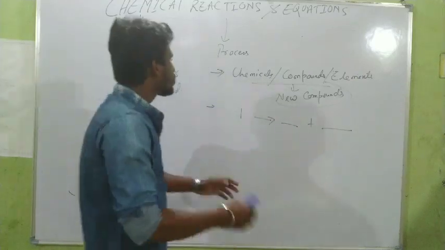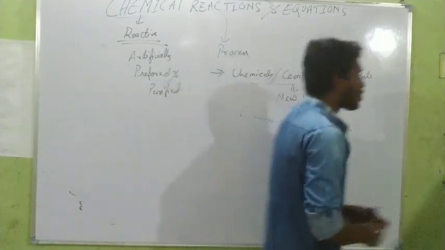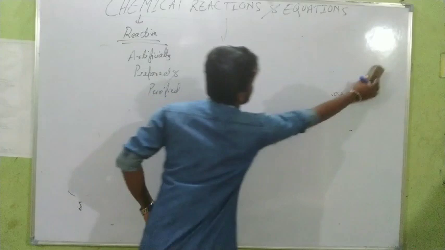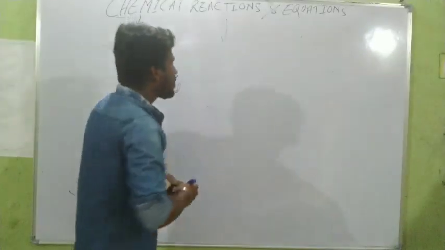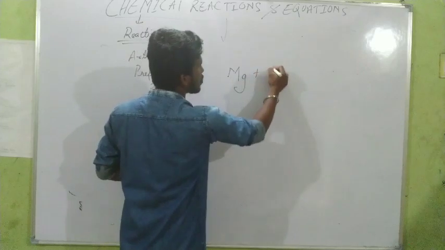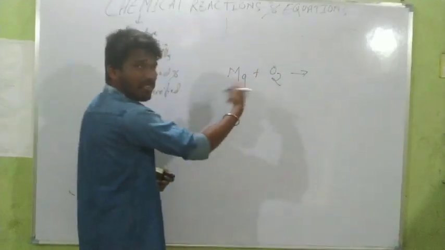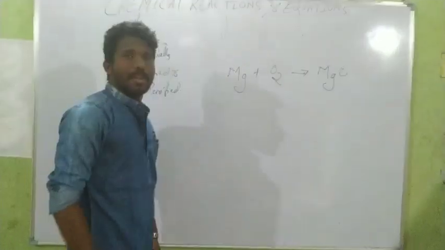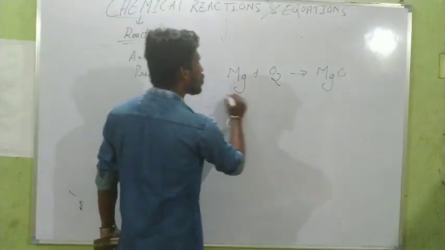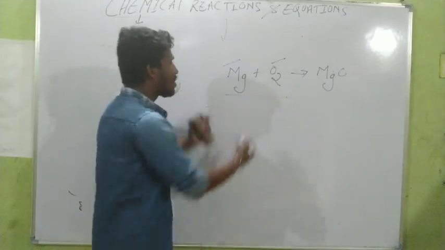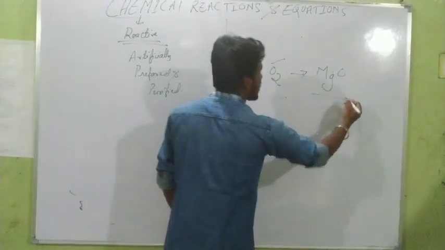Clear? Suppose an example: if you take magnesium and oxygen, when they react with each other, they form magnesium oxide.